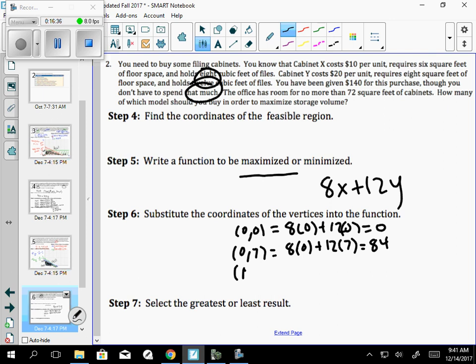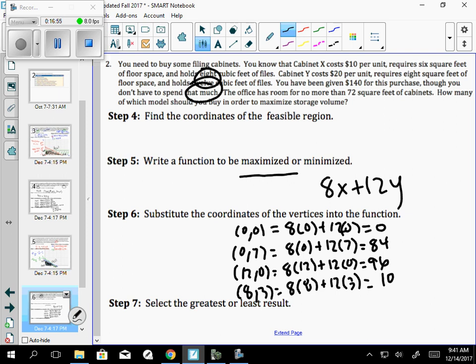Another point we said we need to check is 12,0. That one's going to give us 96. And then the last one, we had 8 and 3. So if we multiply both of those and add them up, this one gives us 100.